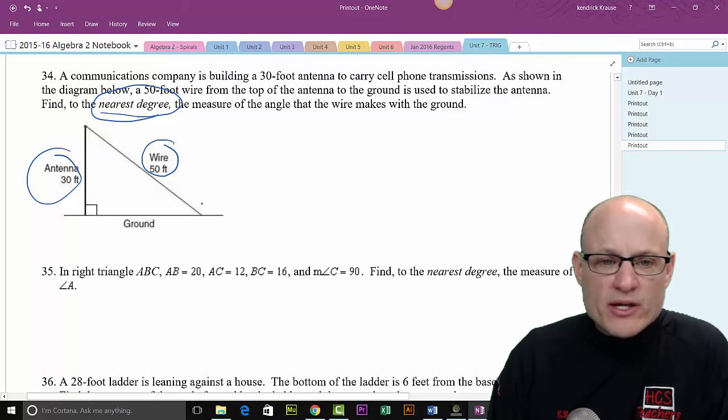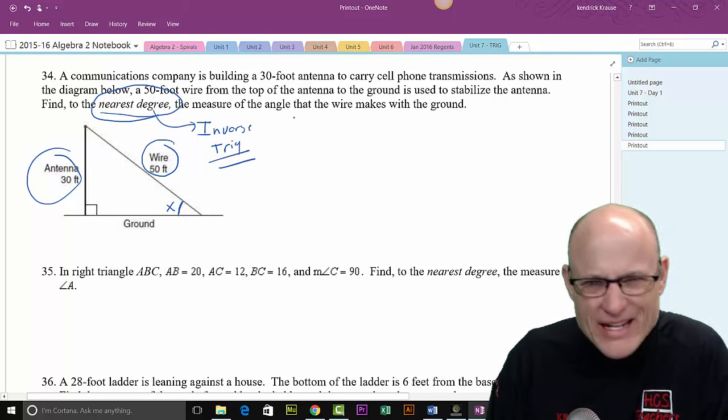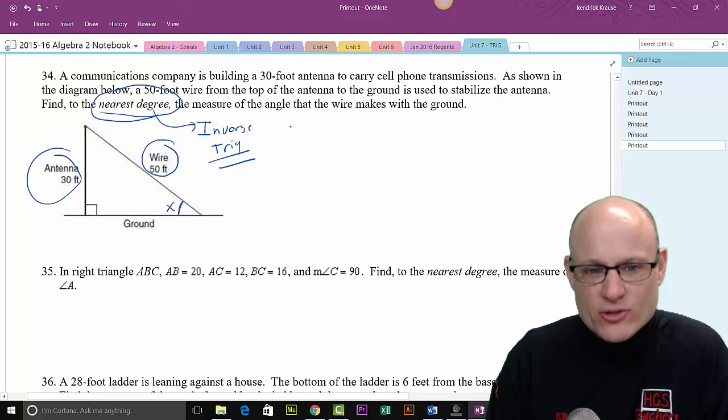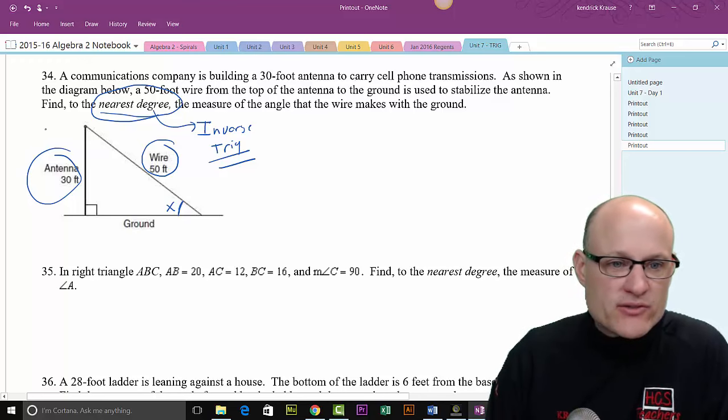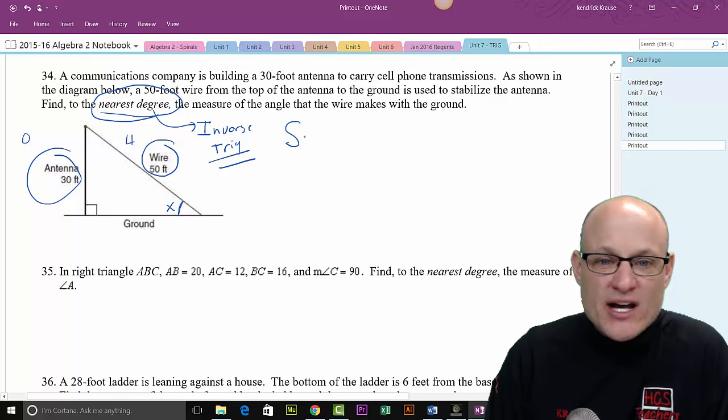Now, as soon as you see nearest degree, you know you're not going to be doing regular trig. You're going to be using the inverse functions. This is opposite and this is hypotenuse. So sine of x is equal to opposite, which is 30, over hypotenuse, which is 50.